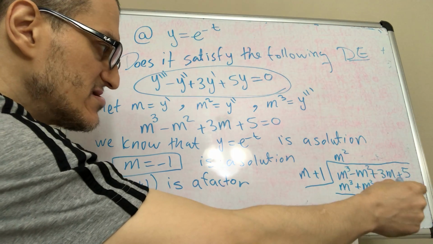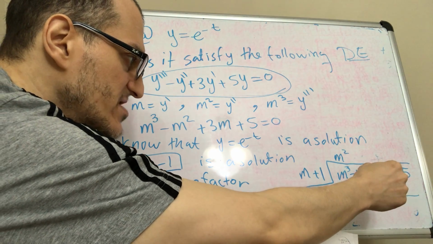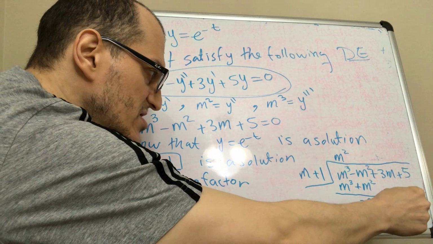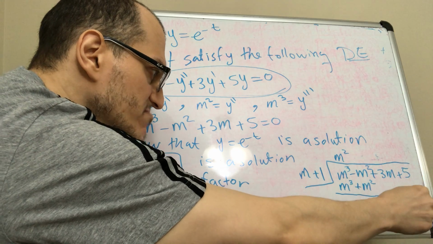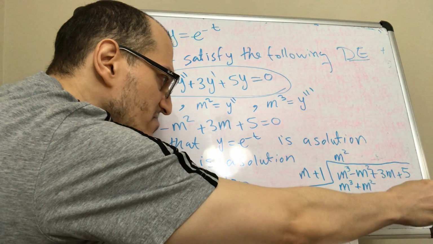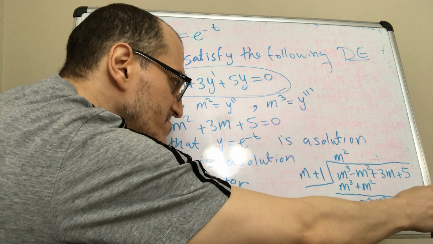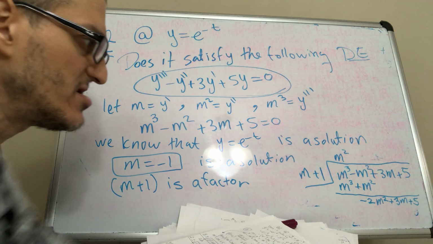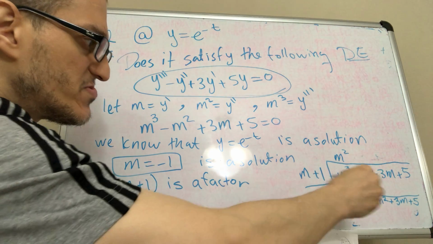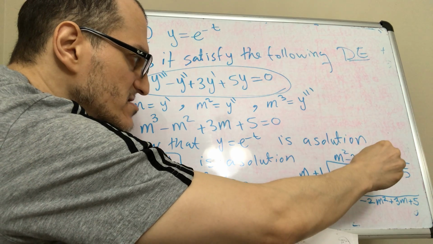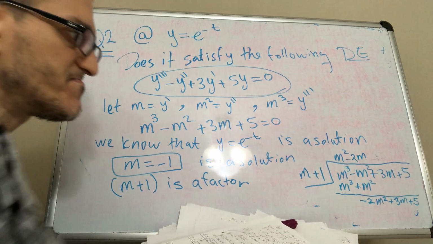This minus this is gone. Negative m squared minus m squared, negative 2m squared. 3m minus nothing is 3m. And 5 minus nothing is 5. So we continue. We take first term over first term. Negative 2m squared over m is negative 2m.